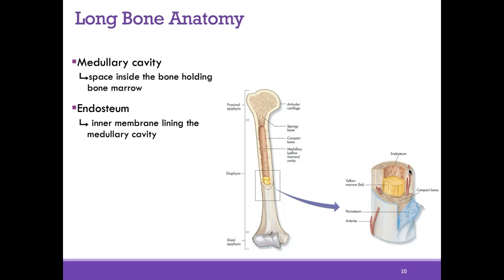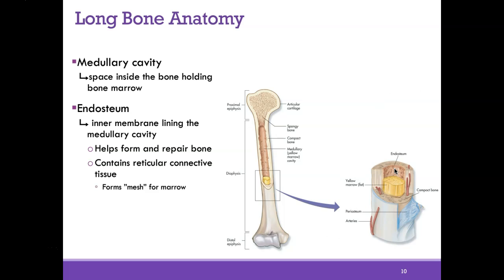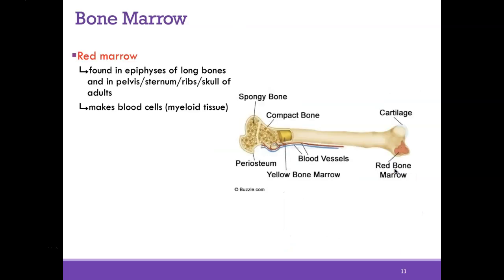So the endosteum lines the inside of the medullary cavity over here. The endosteum has a very important role in helping to form and repair bone. And it's actually a form of reticular connective tissue. So again, this forms like a mesh for the bone marrow to live in.